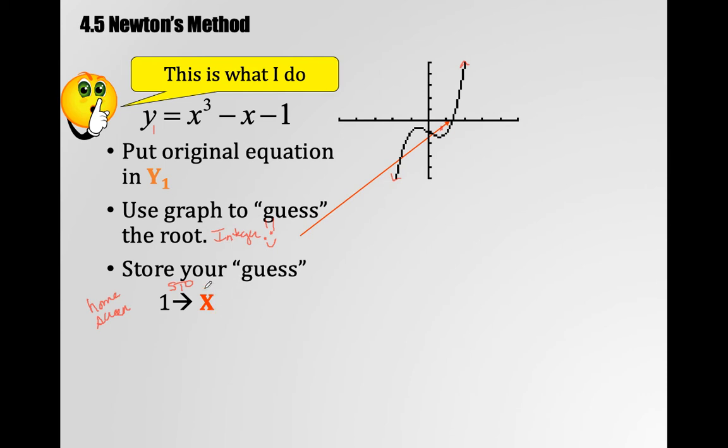We usually tell you never to store something in alpha x or alpha y, because your calculator is programmed to populate the X cell and the Y cell with X and Y coordinates from a graph. If you've reset your calculator, the X and Y coordinates would just be 0, 0.